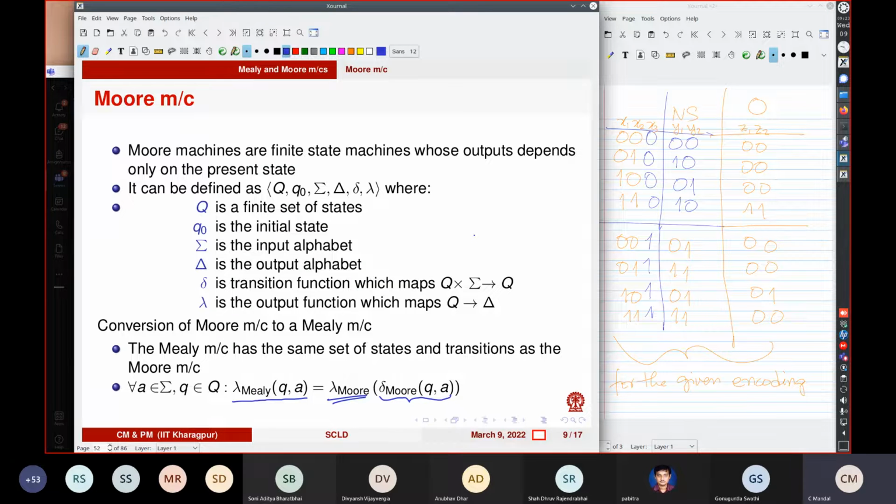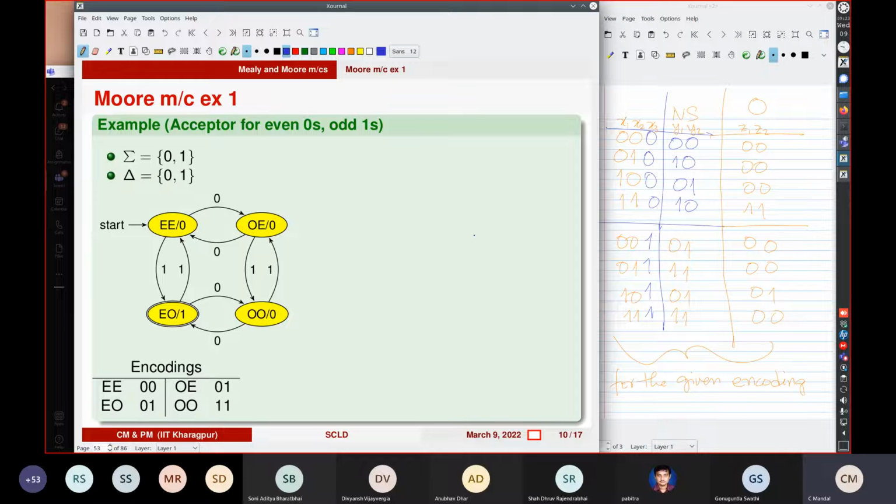Now here is an example, a simple example. It's an acceptor for even number of zeros and odd number of ones. This acceptance is indicated by the output function.